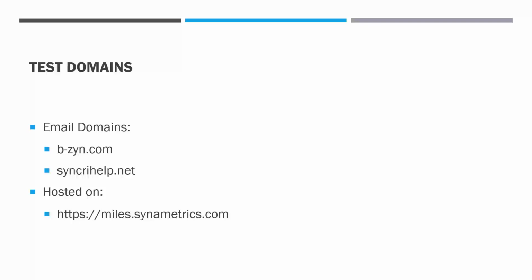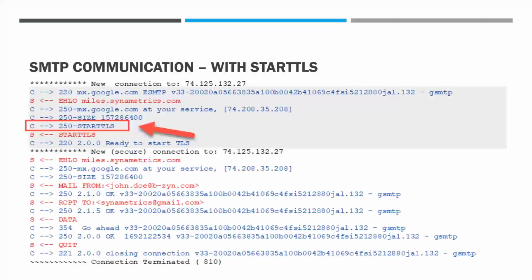And the Zeemes that I'm going to be working on is miles.synametrics.com. So in fact, if you type that URL from your computer, you will end up going to miles.synametrics.com. These are the two domains that we're going to be working with for the rest of the session.